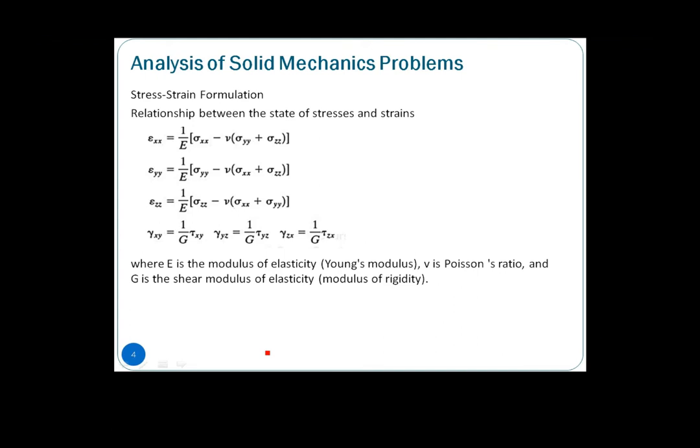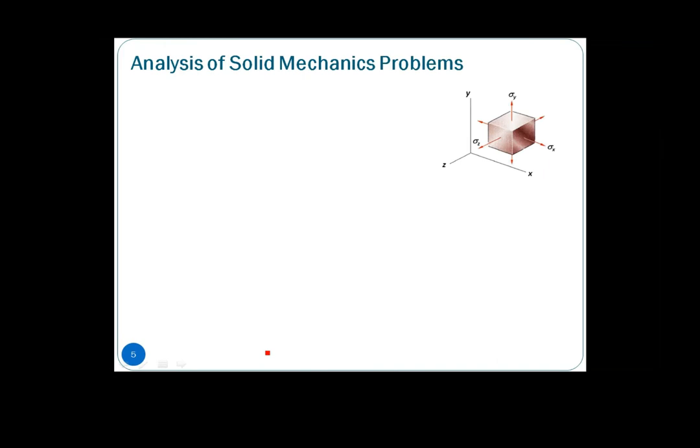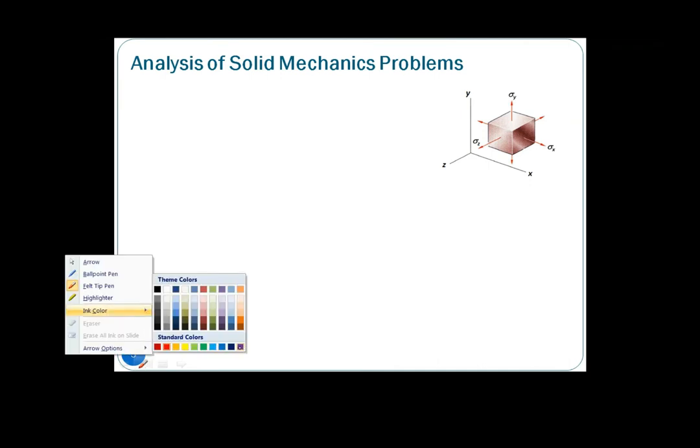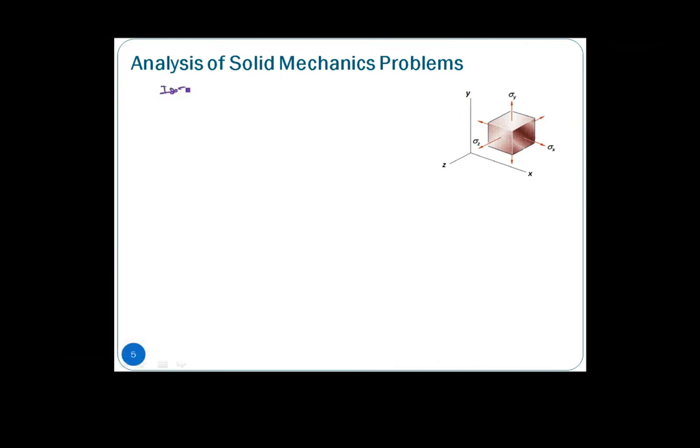Let me show you under a so-called isotropic material. Let me write it. Isotropic: E is constant, equal to Ex equals Ey equals Ez.